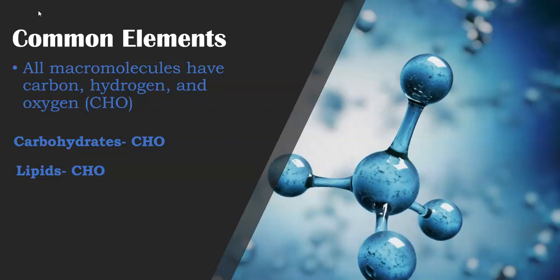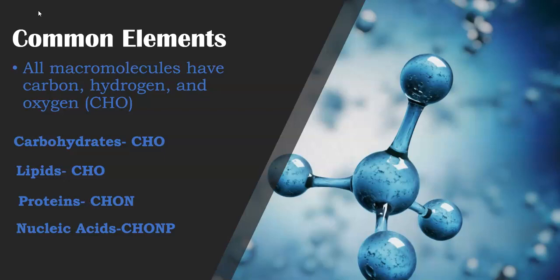They have carbons, hydrogens, and oxygens throughout their structures. Now, in addition to CHO, carbon, hydrogen, and oxygen, proteins also are always going to have nitrogen. So we'll call this CHON for carbon, hydrogen, oxygen, and nitrogen. And in addition to CHON, nucleic acids are always going to have phosphorus. So we'll call this abbreviation CHOMP for carbon, hydrogen, oxygen, nitrogen, and phosphorus.